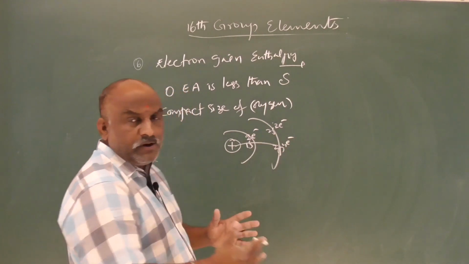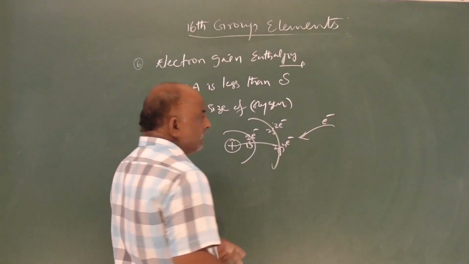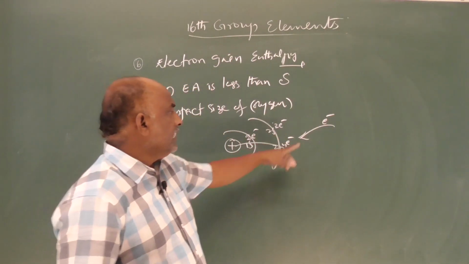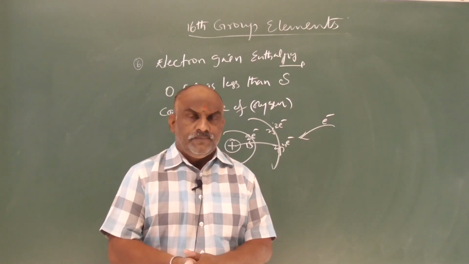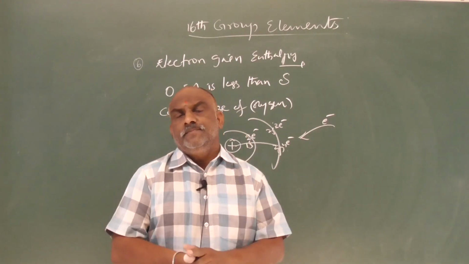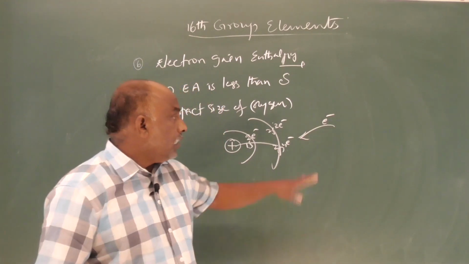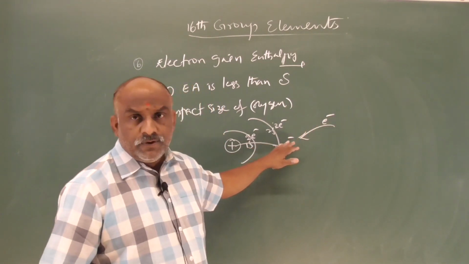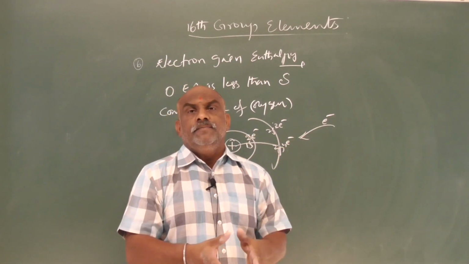The size becomes very small. While you are adding one electron to the outermost shell, electron versus electron, interelectronic repulsions take place due to the small size. To avoid those repulsions, you have to apply more energy.